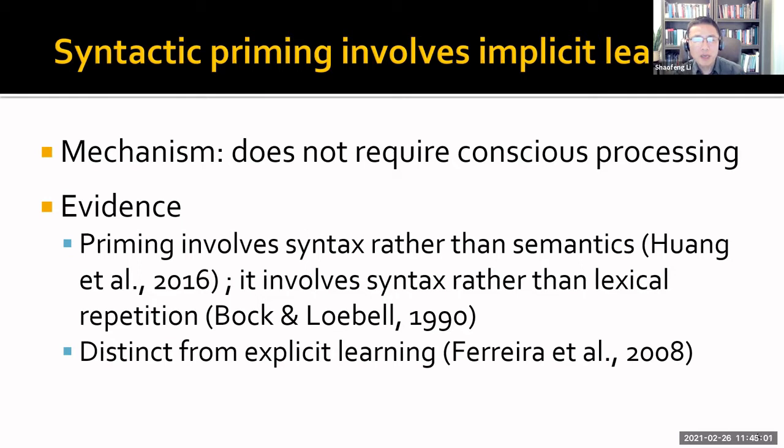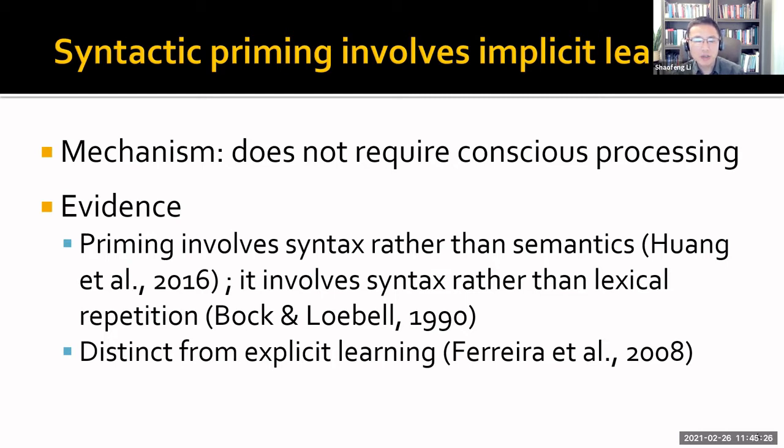For example, it involves syntactic abstraction rather than the semantic connections between the prime and the target. It involves syntax rather than lexicon. So the argument is that syntax is likely implicit, whereas semantics and lexicon are likely explicit.